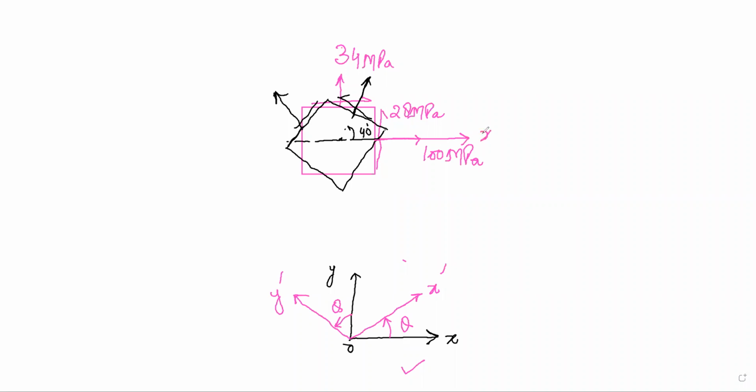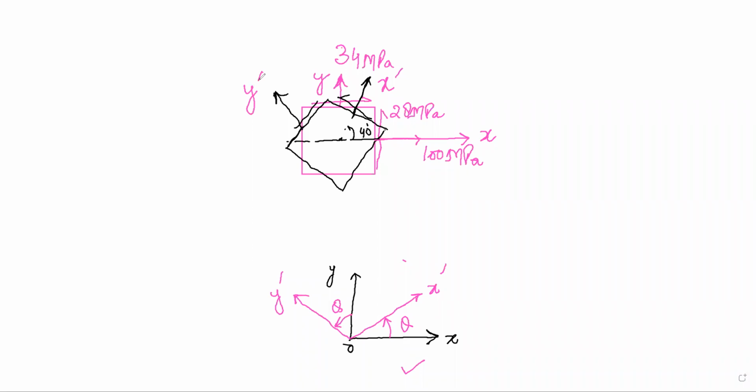Initially this was our x-axis, and this was our y-axis, isn't it? Is this fine? Now when you rotate the system, this becomes your new x-axis, which we call x prime, and this becomes our new y-axis, which we call y prime.